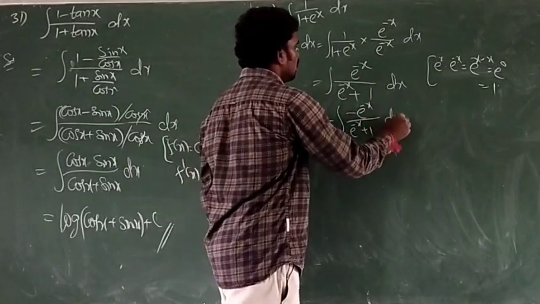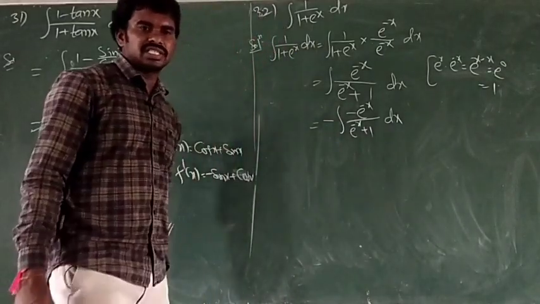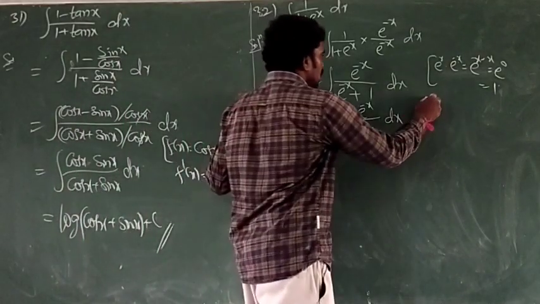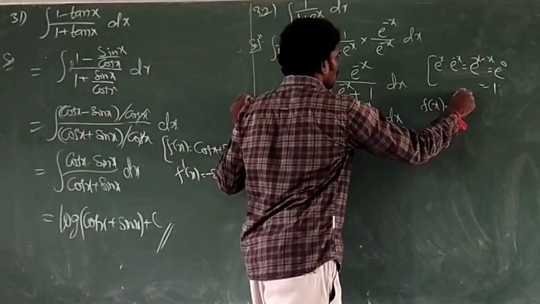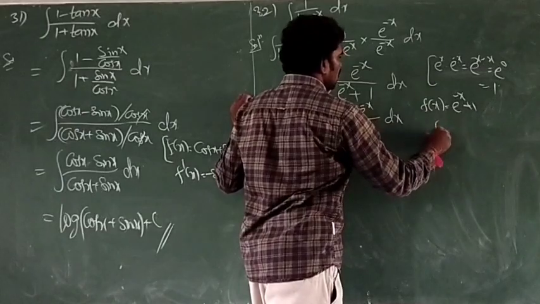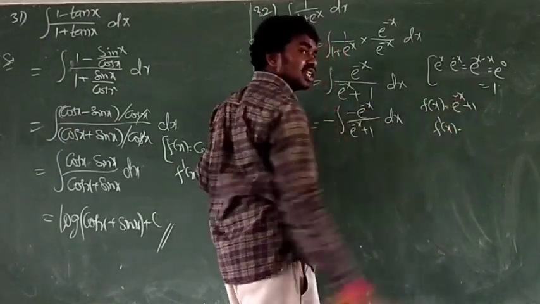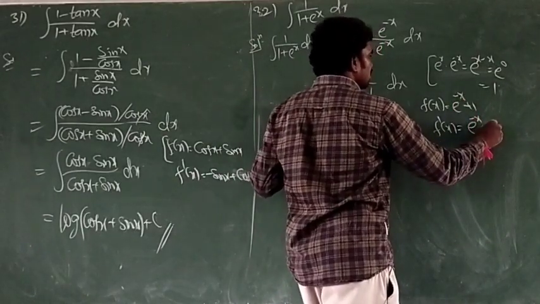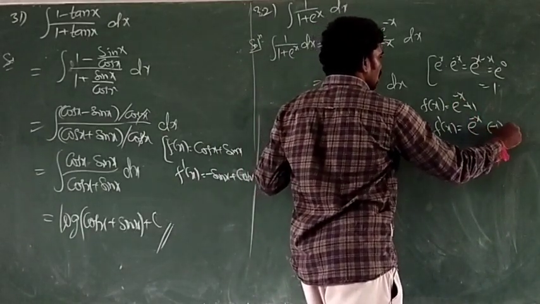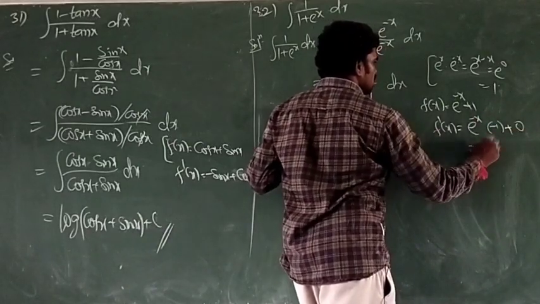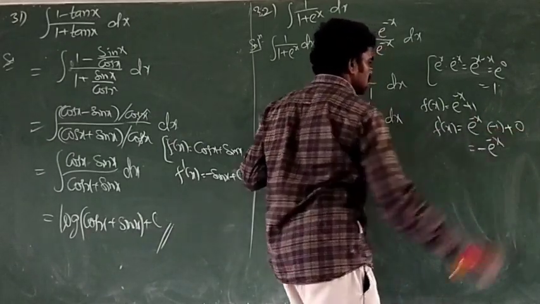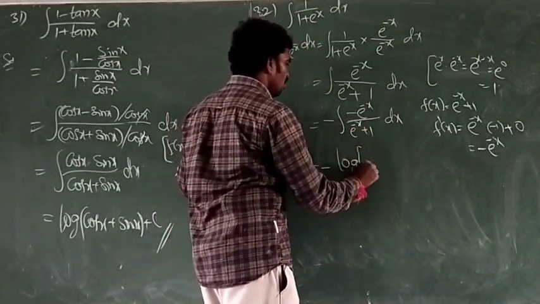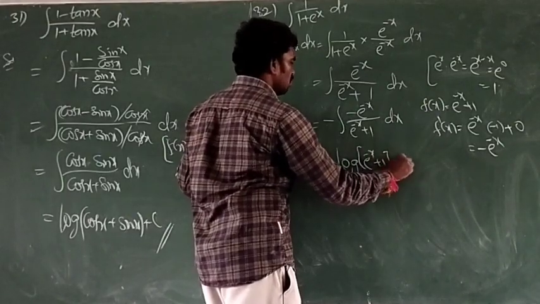Then the derivative is e power minus x, and derivative of minus x is minus 1, and of 1 is 0. So it is minus 1 into e power minus x. So this is the derivative and this is the function, so that is log of e power minus x plus 1 plus c.